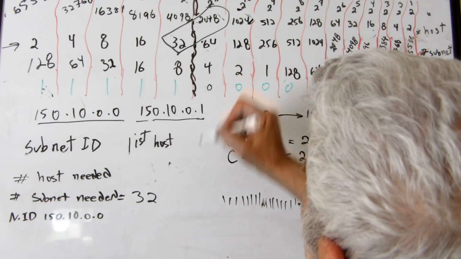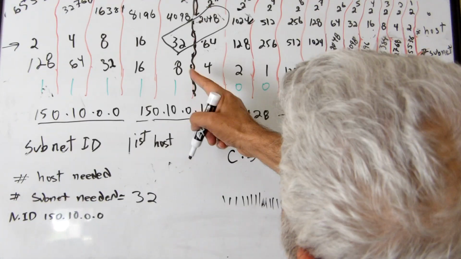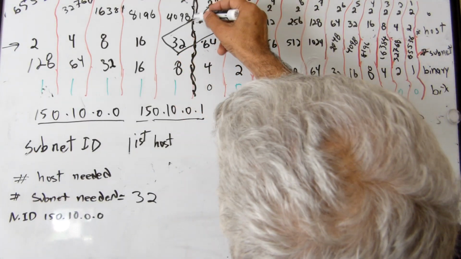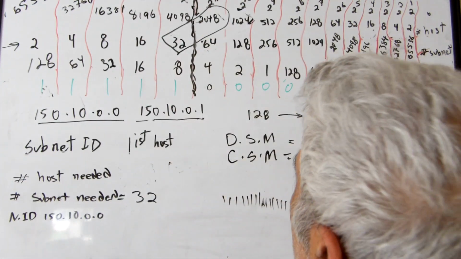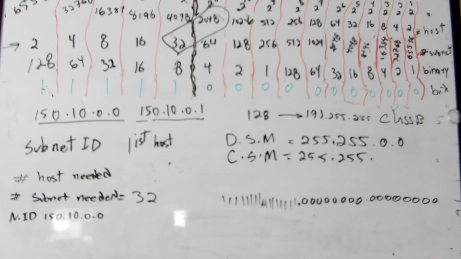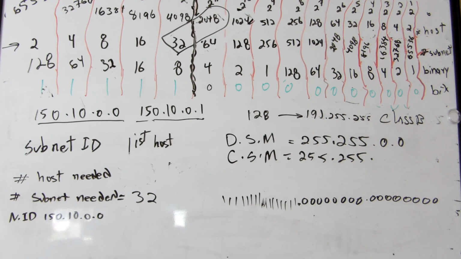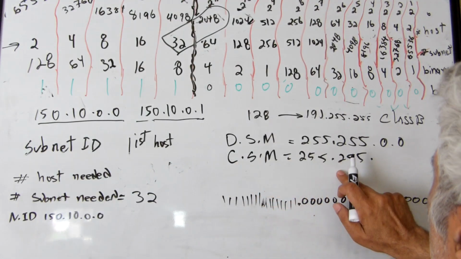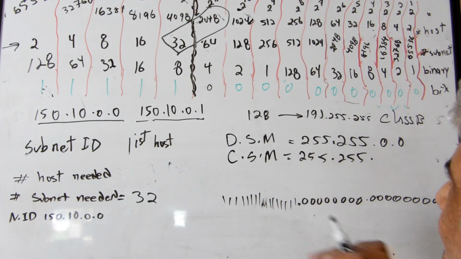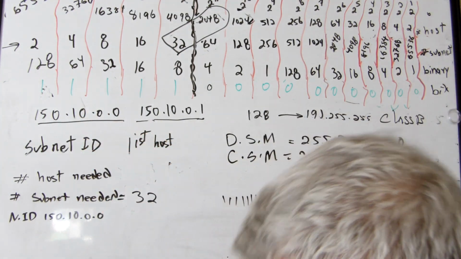This is here, because we want 32. We draw a line: 32 subnets and 2048 hosts. So the custom subnet mask is here.